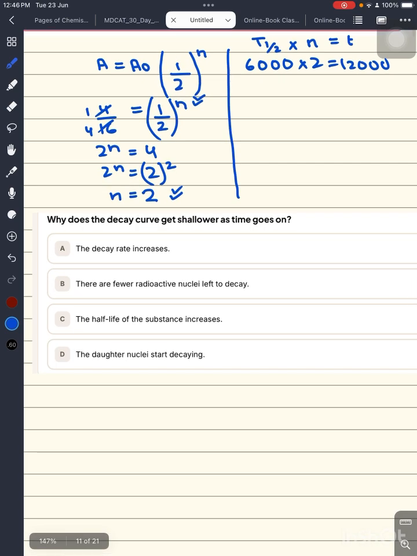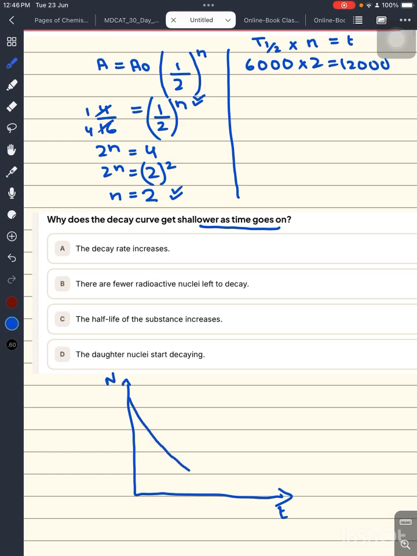Why does the decay curve get slower as time goes on? Let me show you the graph. It decreases like this.